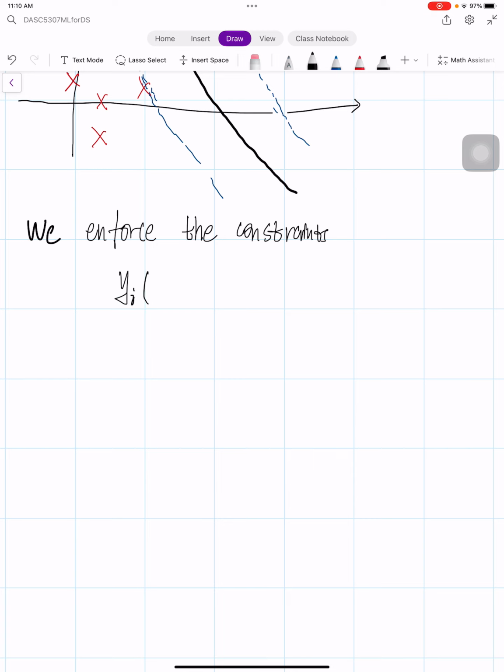multiplied. Remember previously we said we want the labels multiplied by the decision function to be greater than 0, right? Greater than 0. But instead we enforce the constraint greater than 1.